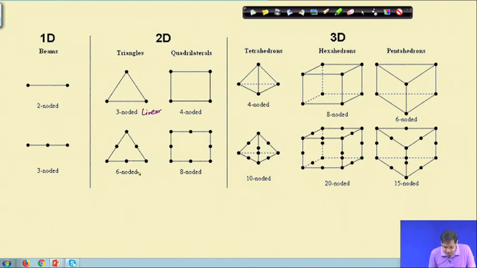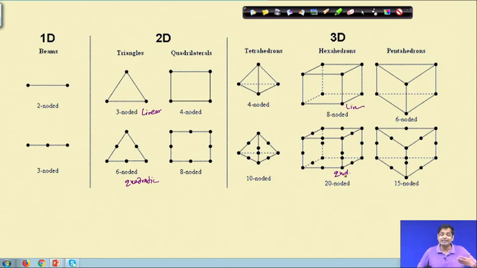In this case your displacement field was quadratic. Similarly, here also in this case your displacement will be linear, in this case quadratic. So, you can have an element where the displacement field is cubic. You can have an element where the displacement field is 4th order and 5th order and so on.